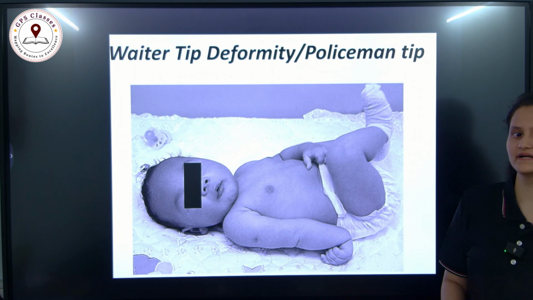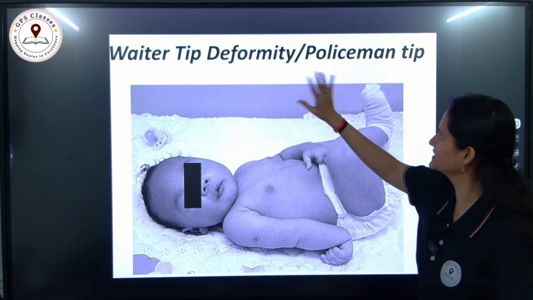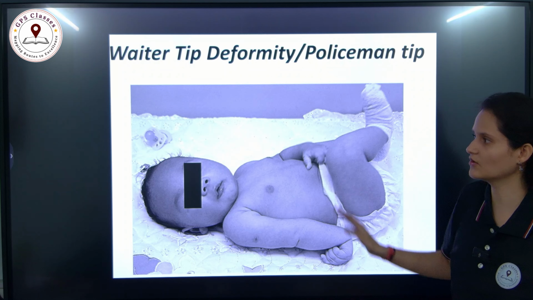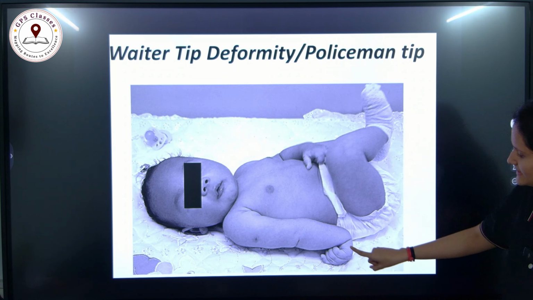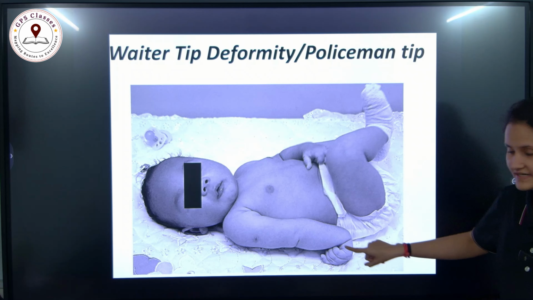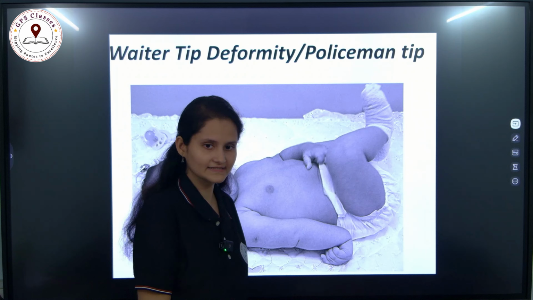Now, what is the deformity seen in Erb's paralysis? It is called waiter's tip deformity, policeman's tip deformity, also called porter's tip deformity. As you can see, this is the hand affected by injury of the brachial plexus, and the person is like this.